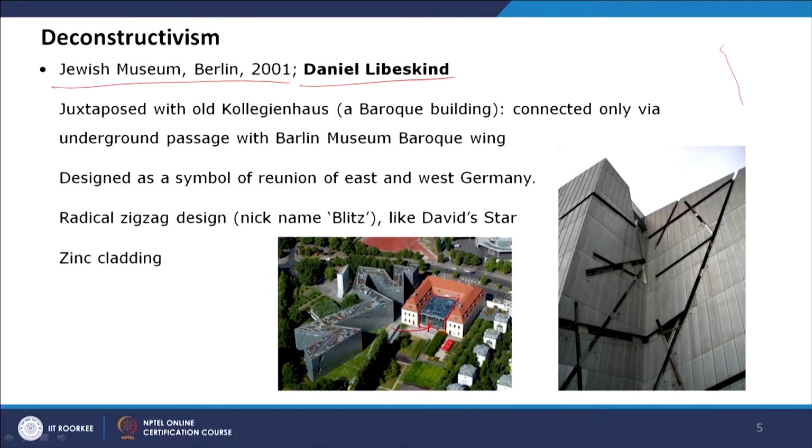A similar thing happened with the Louvre Museum, when I. M. Pei designed the glass pyramid in front of the old historic building, and most of Pei's design of the Louvre was underground, beneath the plaza in front of the old Louvre.